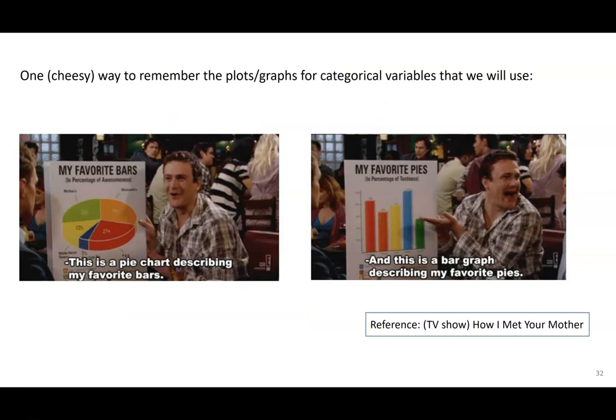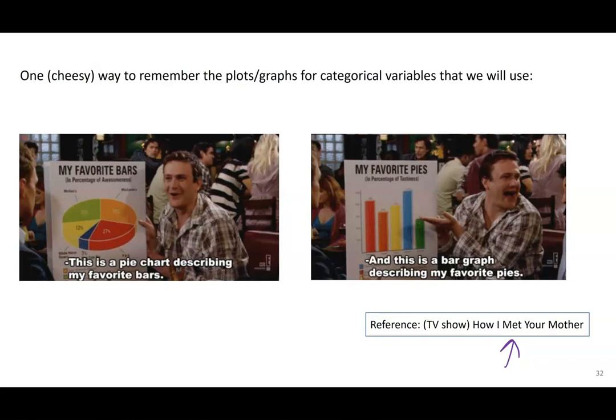So there are 2 types of graphs that we'll use for categorical data, and a cheesy way that I like to remember them references the How I Met Your Mother TV show, which ended a few years ago.